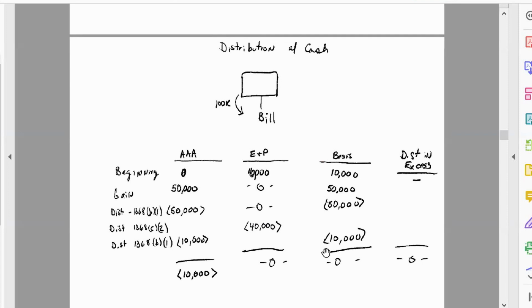And the 40,000 hitting EMP is a dividend, so it doesn't impact basis. And then the remaining 10,000 is a regular distribution. We had 60,000, then we had 10,000, so we have zero basis. It's a tax-free return of basis, which gets our basis down to 0.